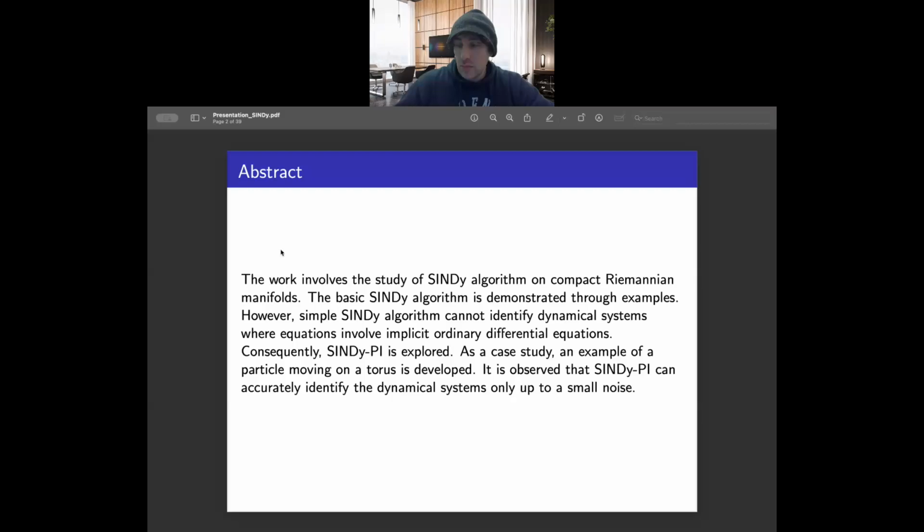Then we tried to develop the general algorithm which can capture the dynamics if the data is on compact Riemannian manifolds. So the talk covers the examples for the simple SINDy, then SINDy-PI, and then SINDy-PI on compact Riemannian manifolds. So let me start here.